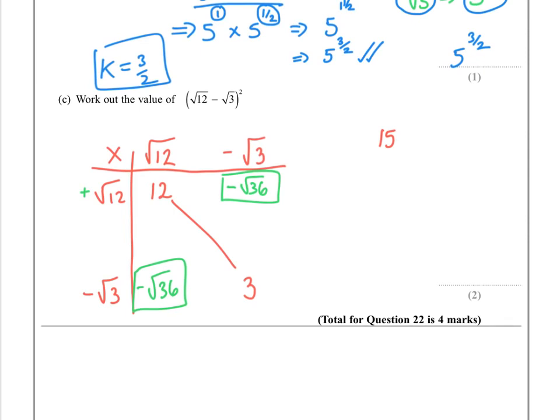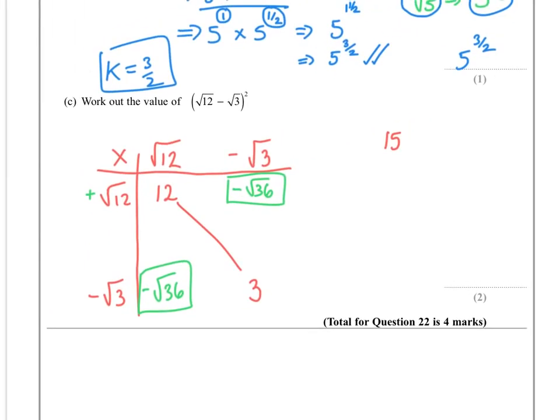The square root of 36 is 6, so this will be the same as writing negative 6, and here will be negative 6. So you've got your 15, and you've got to take 6 away from that, which would give you 9, and you've got to take 6 away from that again, which would give you 3 as the answer.